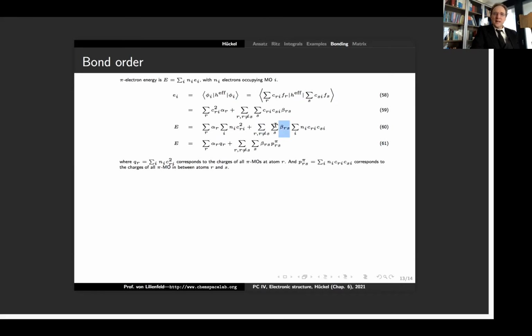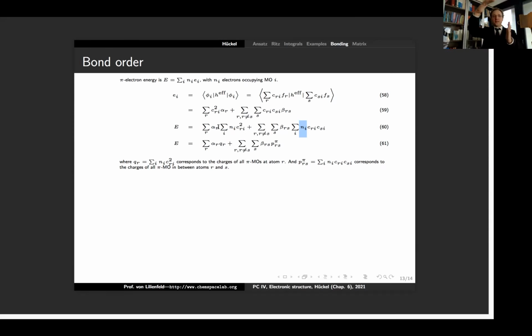Also here you can pull this beta out, and this goes over all atom pairs that are neighbors. Instead of a square, you have the product of the coefficients of the two neighbors times the occupation number from that eigenvalue. So basically you're projecting.